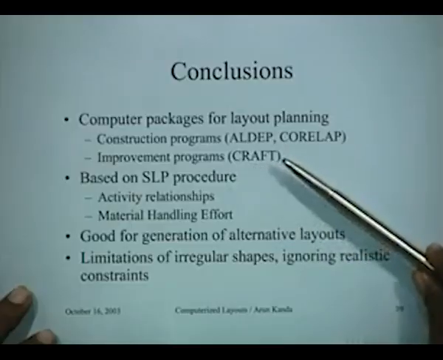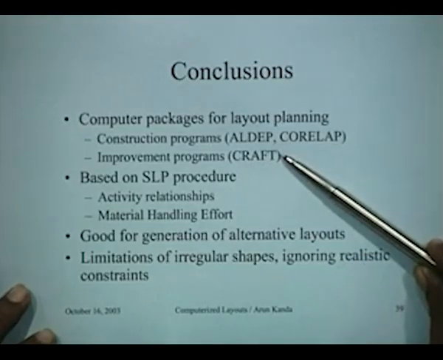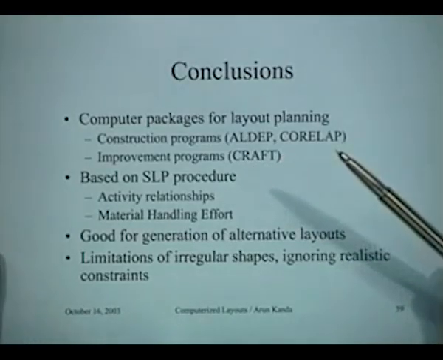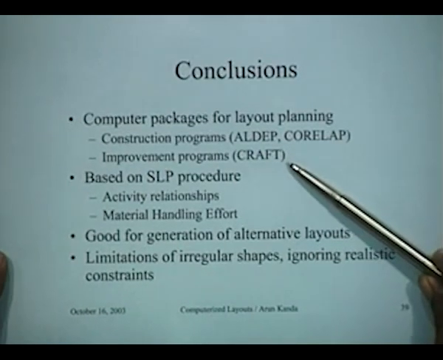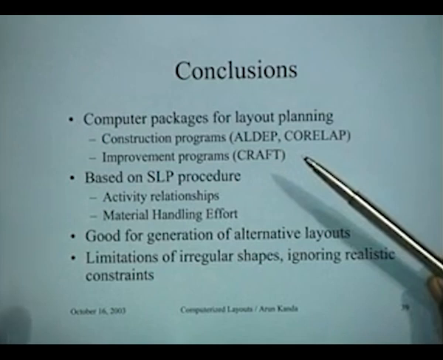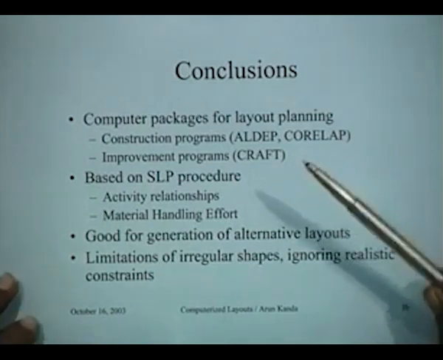You don't have to supply the initial layout, they generate the layout either through random procedures or by references to the REL chart, as the case may be. And then we took an example of an improvement program in the form of Craft, which was basically designed to take an initial layout and try to improve it through the process of pairwise exchanges.